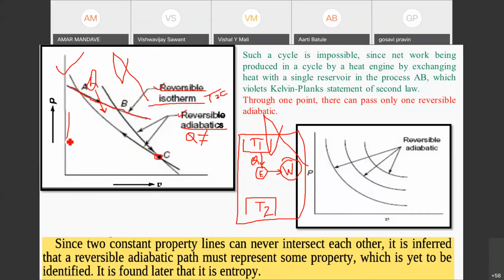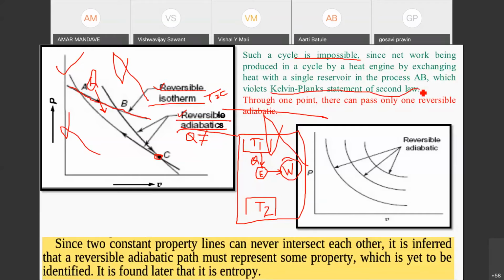It is not valid. We cannot intersect those two reversible adiabatic processes with each other. So such a cycle is impossible, since the net work being produced in the cycle by the heat engine, by exchanging heat with a single reservoir in the process AB, violates the Kelvin-Planck statement of the second law.